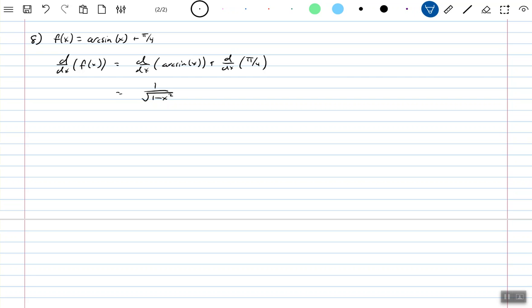That is a funny symbol in there, but it just represents a number. It represents the ratio between the circumference and the diameter of a circle. It's a fixed number, so it's a constant. And while that looks funny, pi over 4 is still a constant, and so the derivative of it is just 0. And that gives us our derivative.